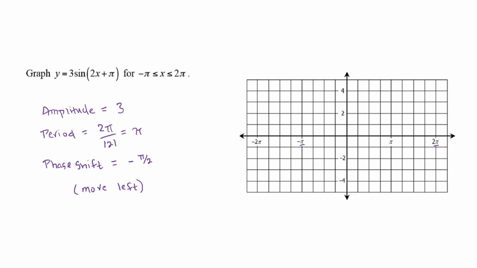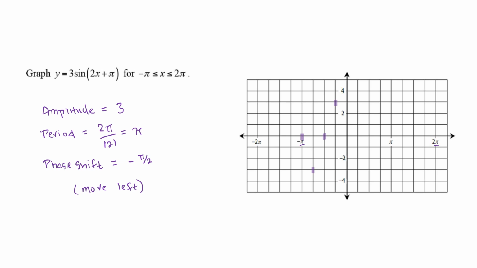So for negative pi, we're going to start at 0. Then we're going to go to 3, and then we'll go up to 0. And then we'll go to 3.